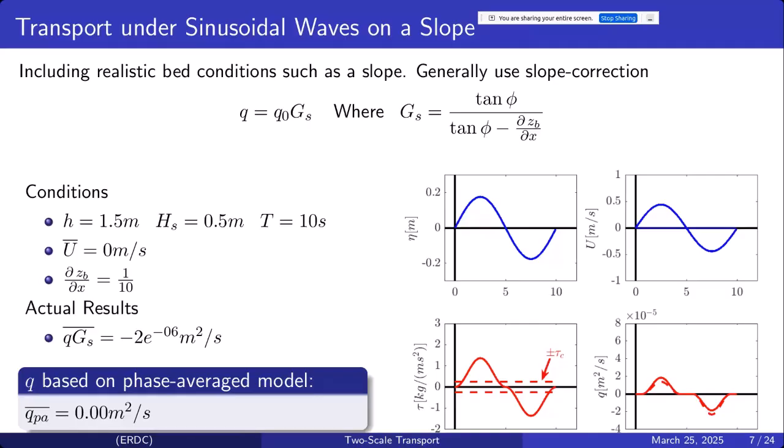And that makes a lot of sense, right? You'd expect sand to move more readily downhill than it does uphill. And then once again, if you have a phase-averaged model that doesn't account for the phasing of the transport, then you would end up with, again, a case of 0 transport, which we know isn't realistic.